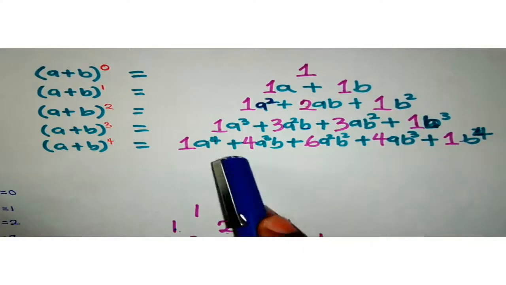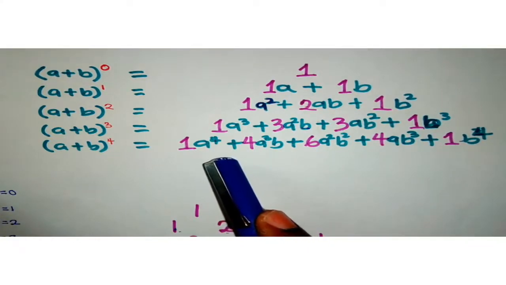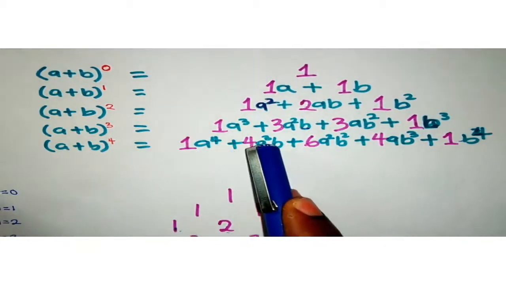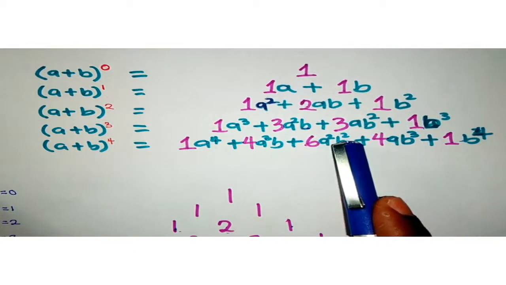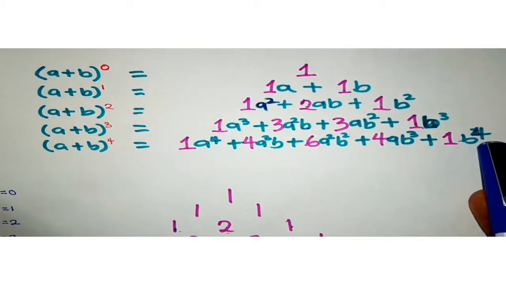Now, also observe that the sum of the powers of a and b equals 4. So here we have 4 here. Here we have 3 plus 1 gives us 4. 2 plus 2 gives us 4. 1 plus 3 gives us 4. And then 4 here.